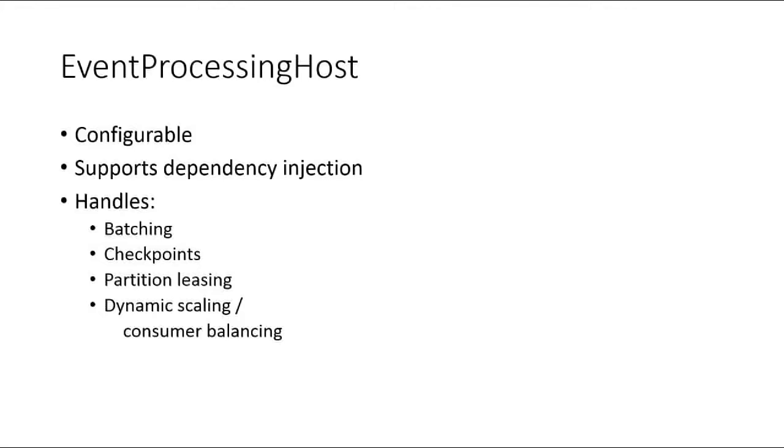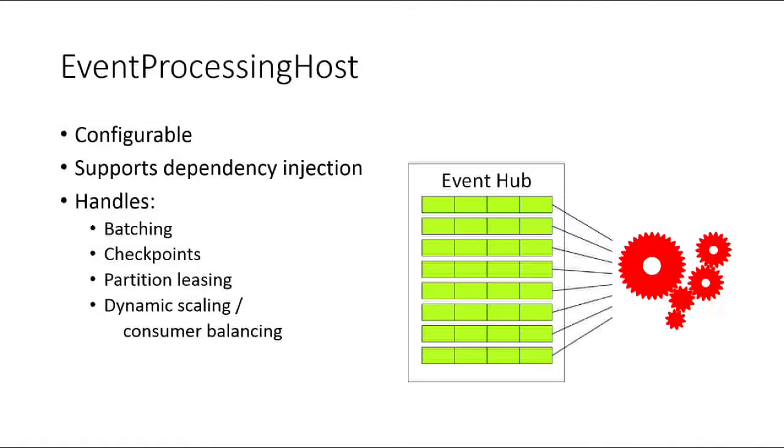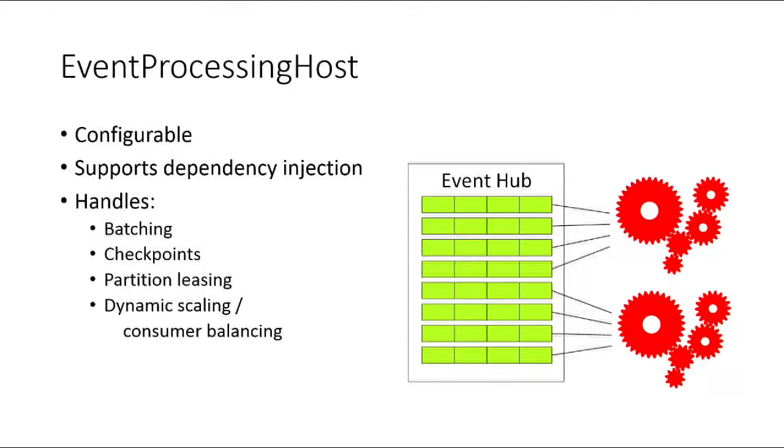Through that partition leasing, we get dynamic scaling and consumer balancing. So in this image, I have an event hub with 8 partitions. All 8 partitions are being processed by one consumer within my consumer group. But then that consumer starts getting overwhelmed, right? There's too much volume of data going through that event hub, so we need to scale it up.